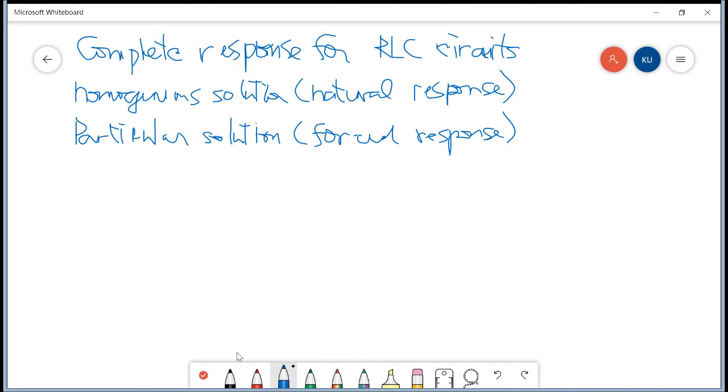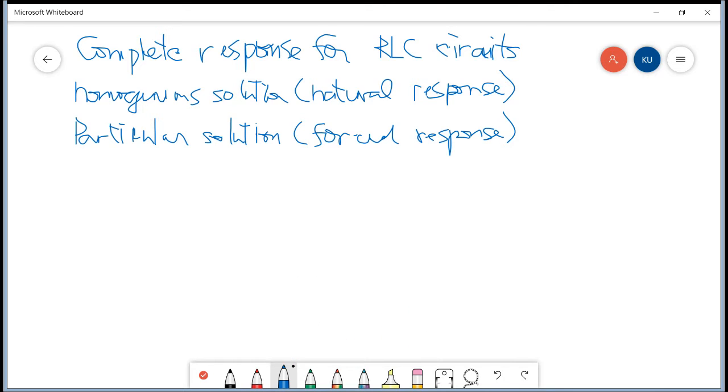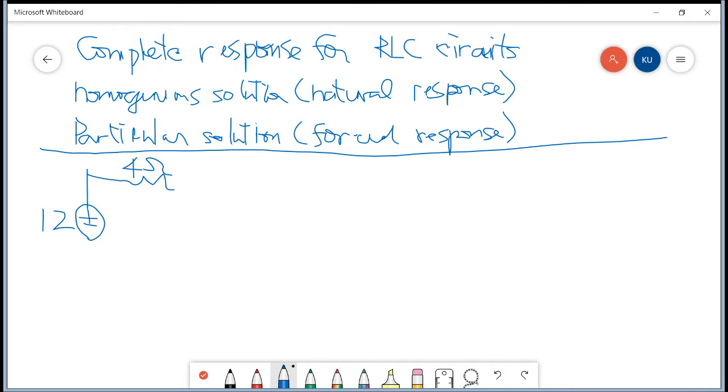So let's go to an example. 12 volt. Four ohm. 1 Henry.